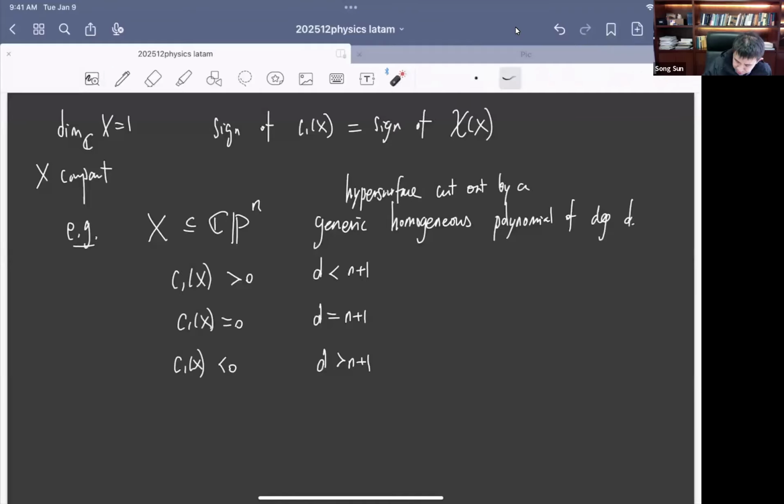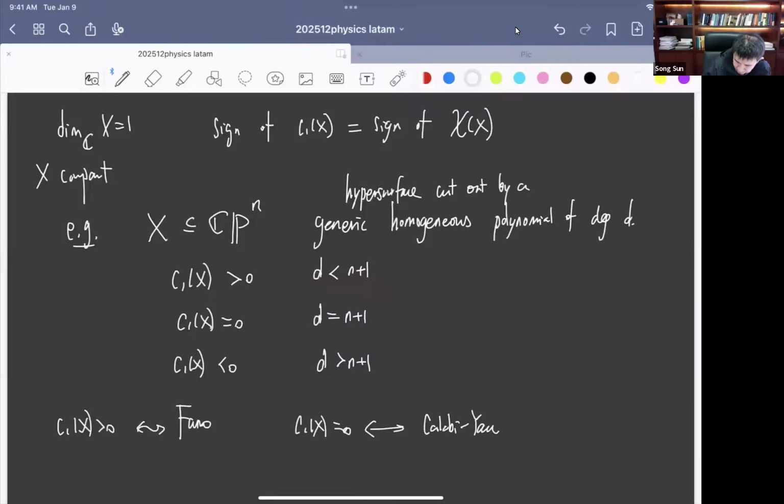So most hypersurfaces will have c1 negative. Only for finitely many degrees do you get c1 of X positive. C1 of X positive in algebraic geometry is normally called a Fano manifold, and c1 of X equals 0 is Calabi-Yau, we will see in a minute why it's called Calabi-Yau, and c1 of X negative is, roughly speaking, called general type.